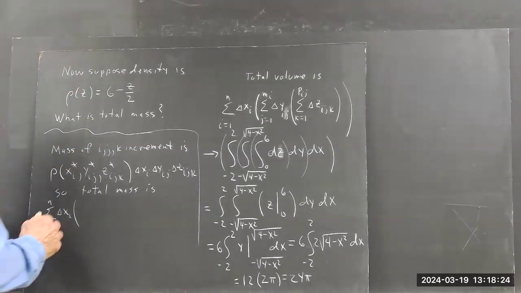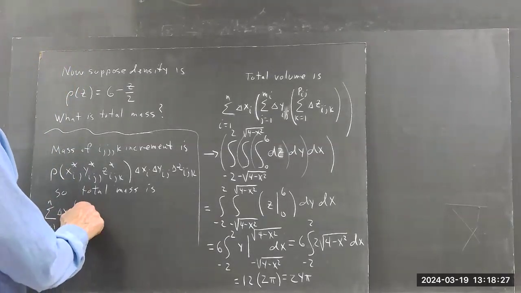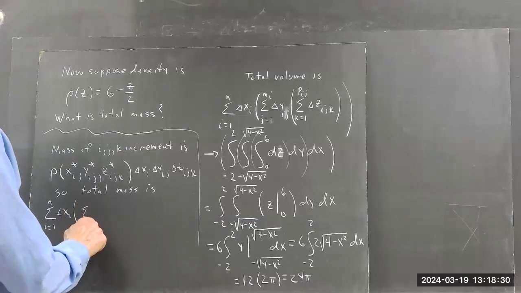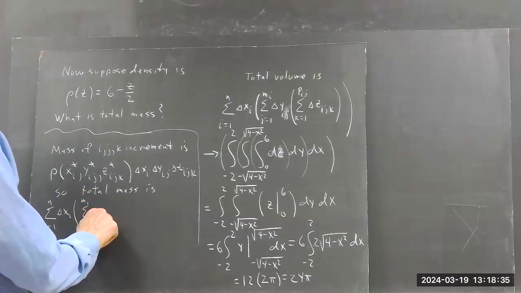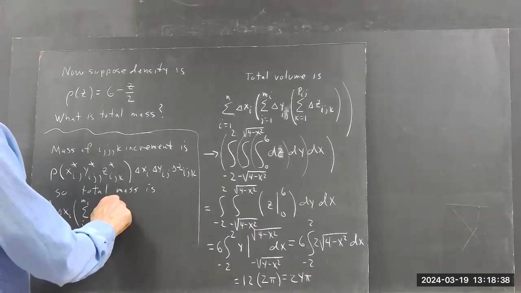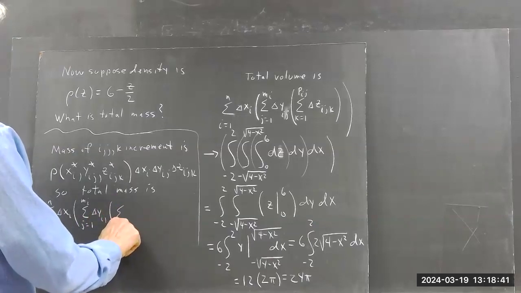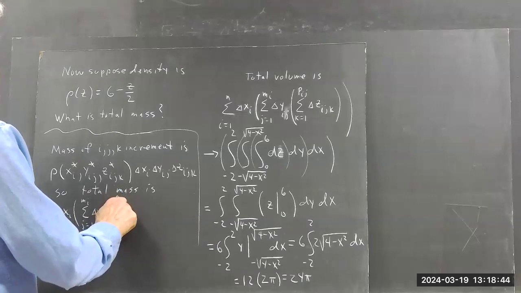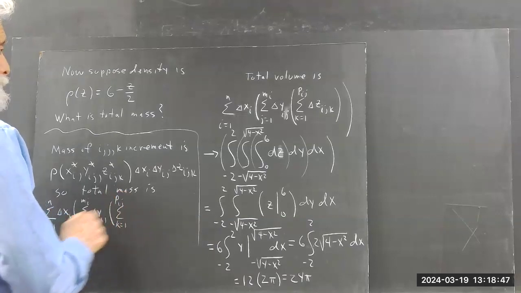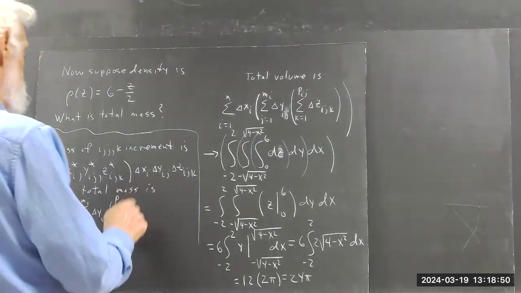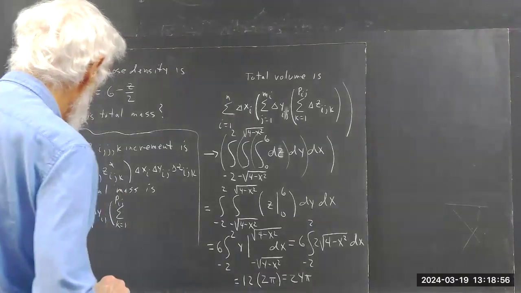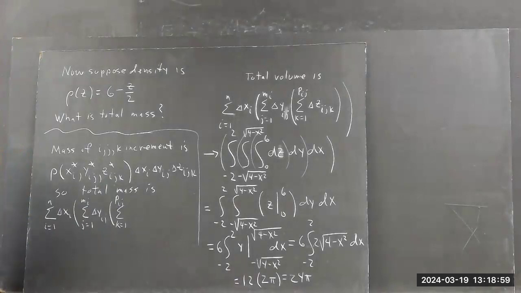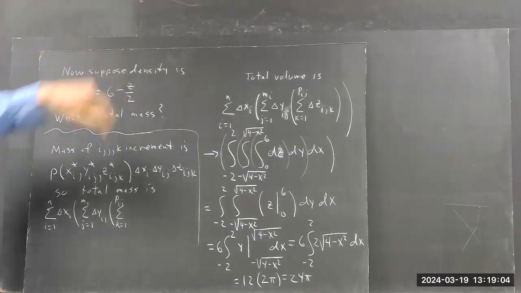So we have this sum. Be a little bit careful and write it out reasonably well. Finally, here's where I write out my rho of xi, yj, zk stars. And I'm not actually going to write that out. Rho of z is 6 minus z over 2.